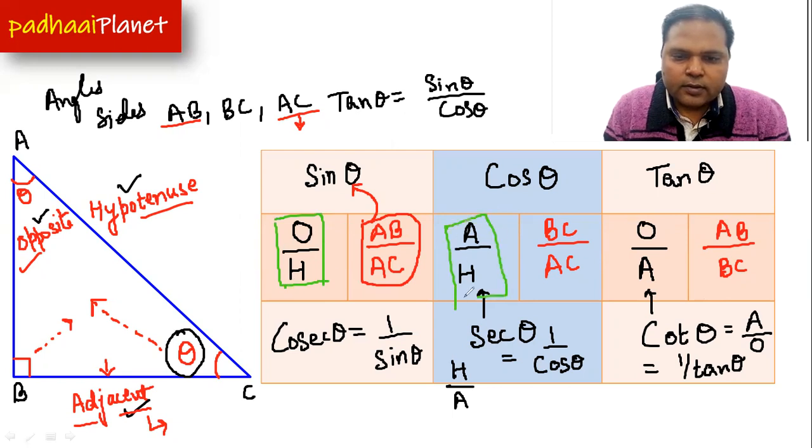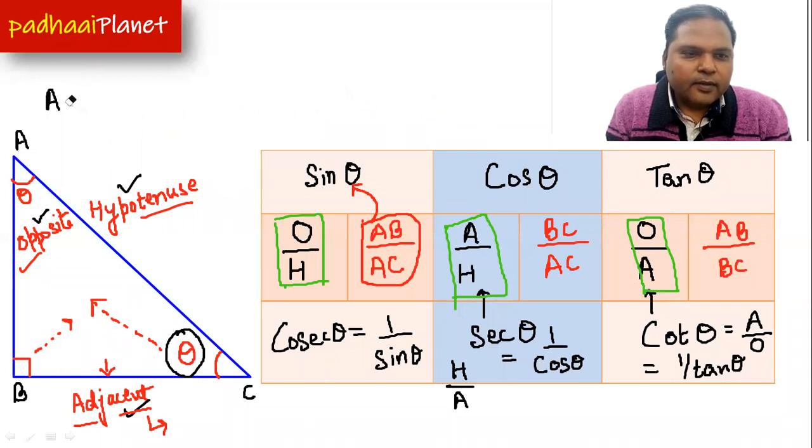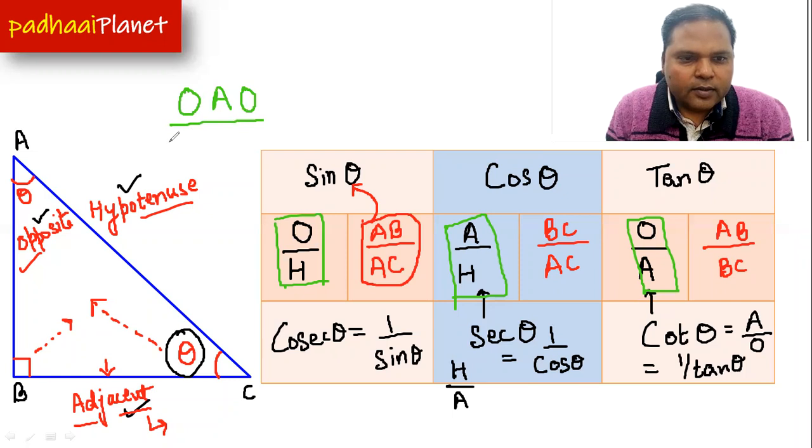If I put it in very simple language, we can always keep this in mind: it's like O A O divided by H H A, right? And this one is sine, this is cos, this is tan, and now this is cot, this is sec, and this is cosec, right?